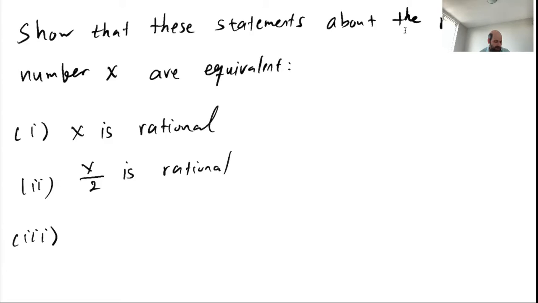So suppose x over 2 is rational. x over 2 is rational means x over 2 is equal to a over b for some integers a and b with b not equal to 0.